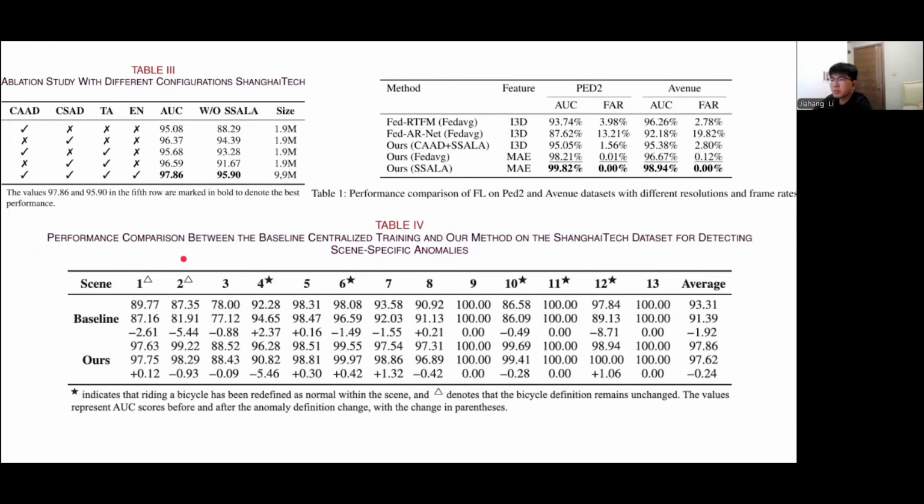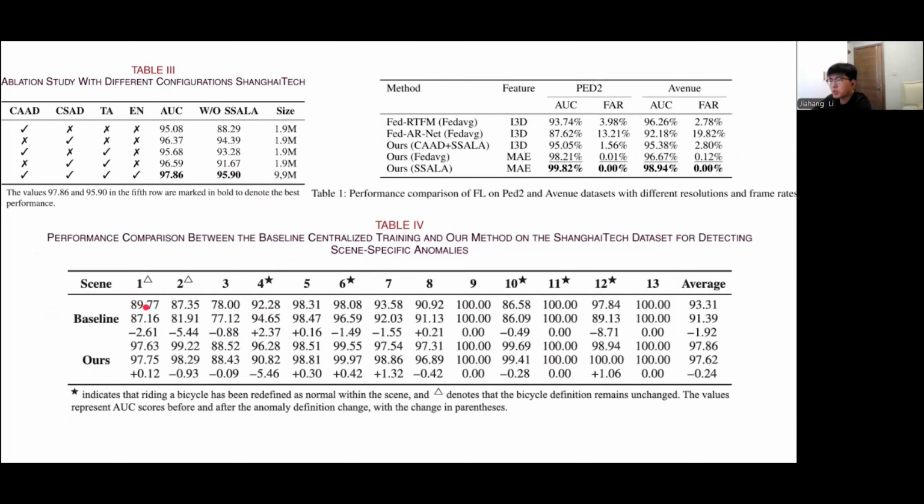In the final table, we test the framework's ability to handle label heterogeneity. We define the riding bicycle events as normal in scenes 4, 6, 10, 11, and 12 of the Shanghai dataset, while keeping the other scenes unchanged. We compare the baseline centralized model and our model.